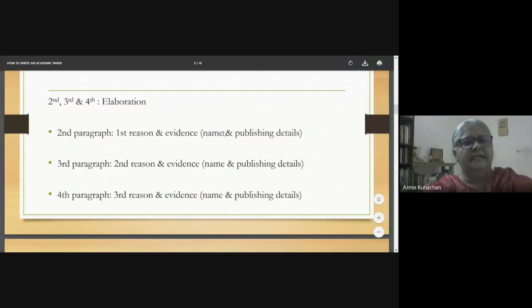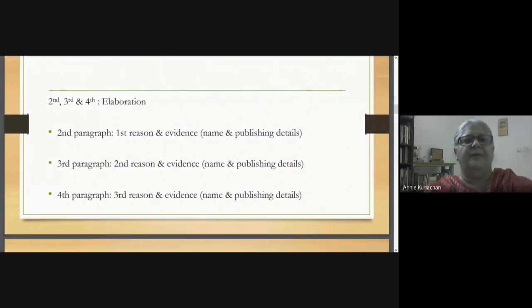Now, the second, third, and the fourth paragraphs are an elaboration. I refuse to call it body of the essay, but I would prefer to call it elaboration of the introduction that has happened.